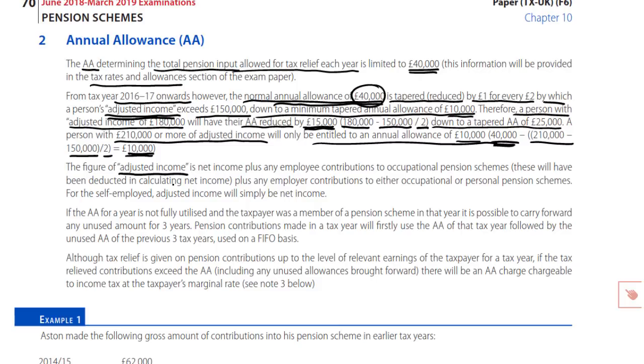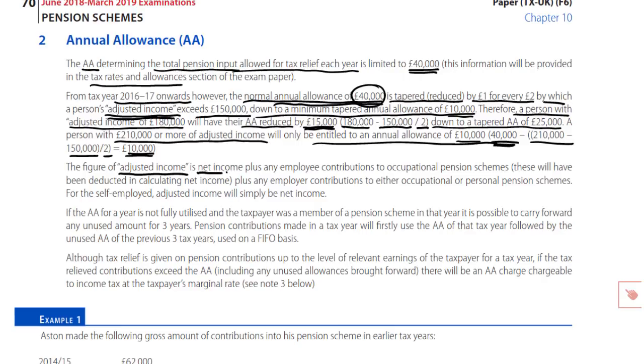But again, with the best will in the world, given that there is so much to look at here, if you try and memorise this very specific calculation of adjusted income now, give it a few weeks, with the flood of further studies coming in, you're probably going to forget it. So you simply have to be aware that this will have to be learned before you walk into that examination room. So what is it?